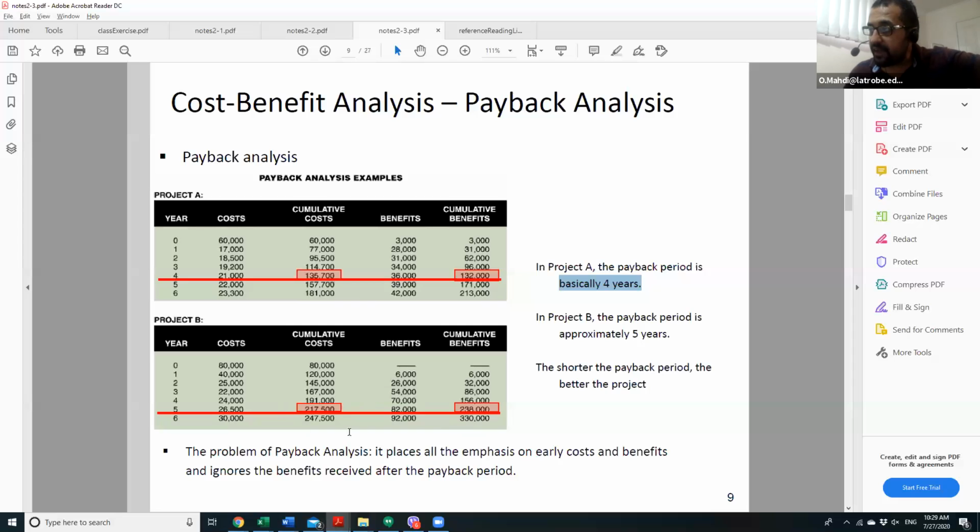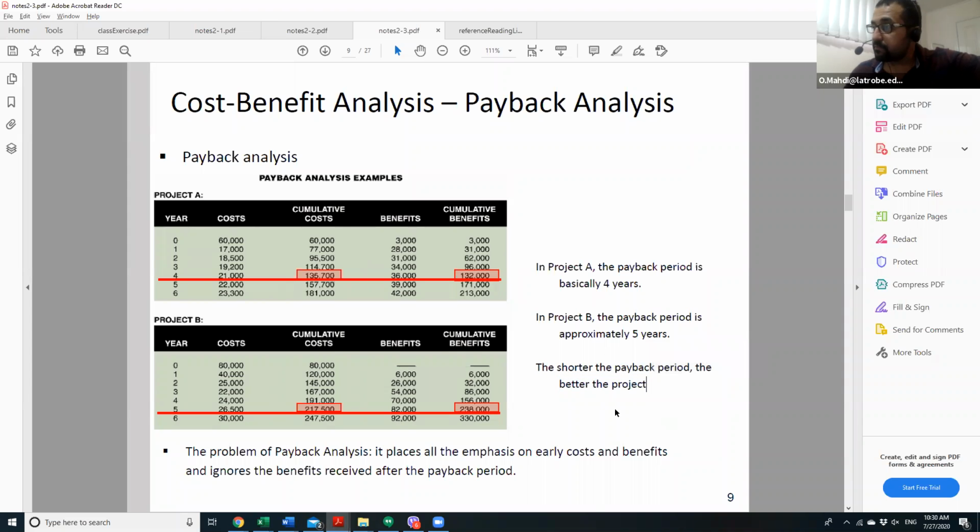So the closest values are on year five. So after 4 years or 5 years, we are expecting to get real benefits from our project. The shorter the payback period, the better the project.